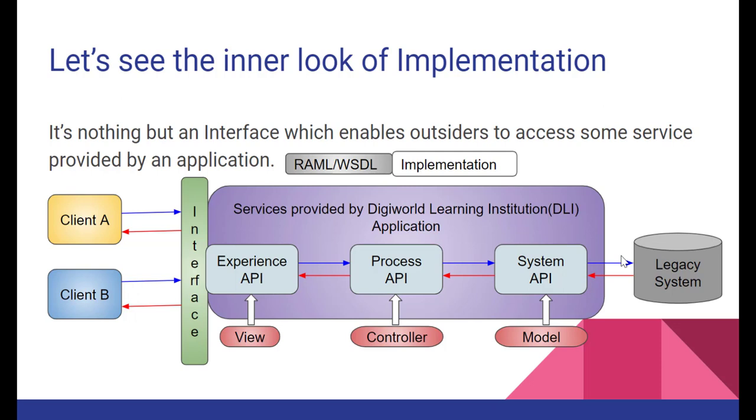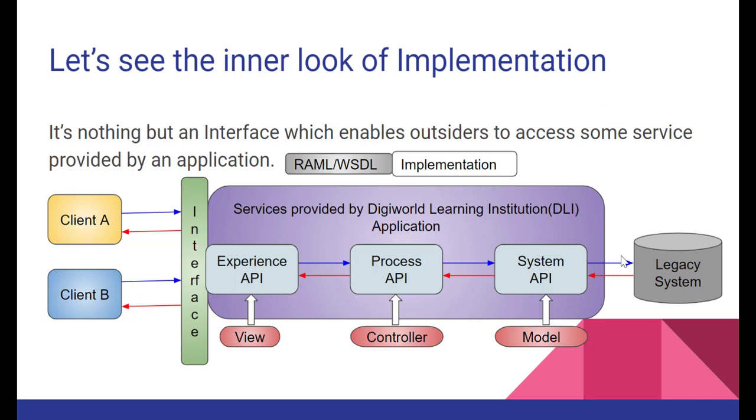And what you can see is that clients or other applications outside our organization can directly interact with the experience API, right? The basic purpose of the experience API is to represent the data to the outside world.